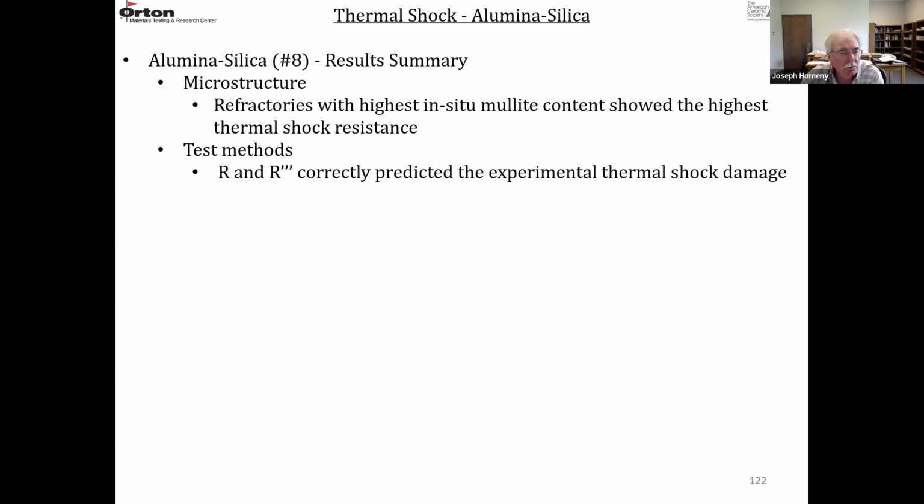That's the most complete way of looking at this, and then correlating it with the thermal shock performance, and then looking at the microstructure, the fracture surfaces, and seeing what the fracture paths are. So that's the most thorough way of doing it. All of these papers are some variation of that.